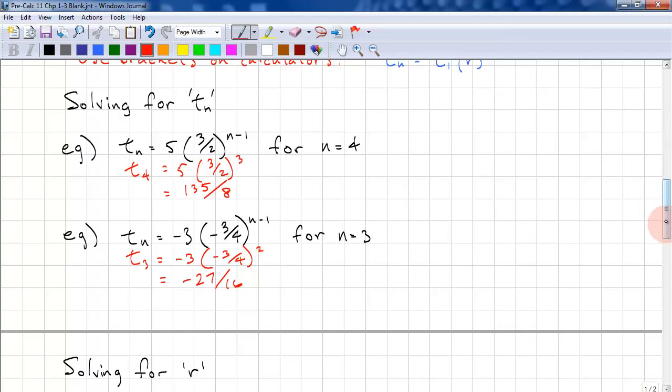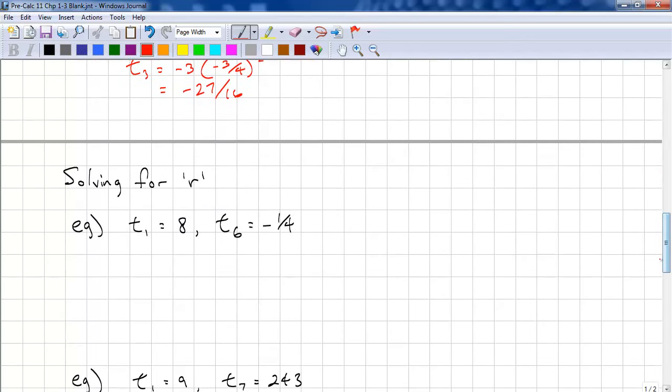Okay, in a backwards problem, you'll need to solve for r. And we just plug it into the formula. So T1 is 8, T6 is -1/4. We write down the general formula. Tn equals 8 times r to the power of n minus 1.